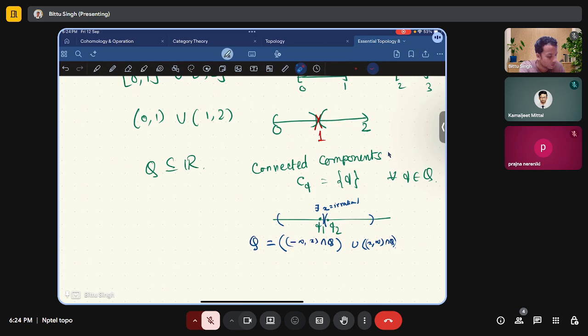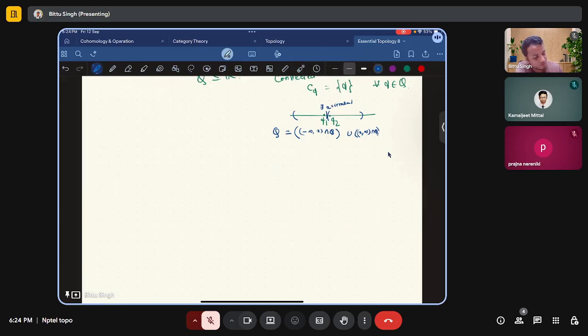From this it is clear that q1 and q2 are separated by an open set. So any two different rational numbers cannot lie in the same component. Hence, a component must contain only the singleton {q}. Okay, so this is clear.